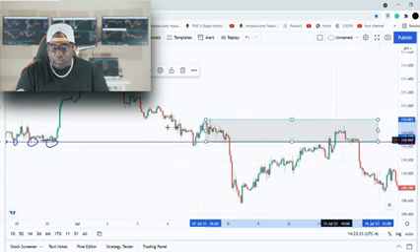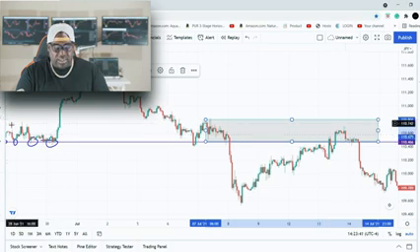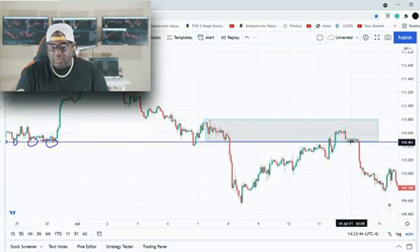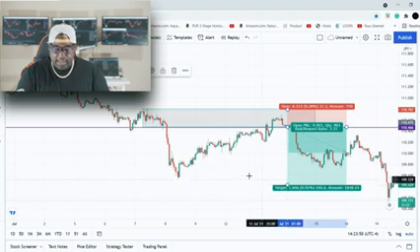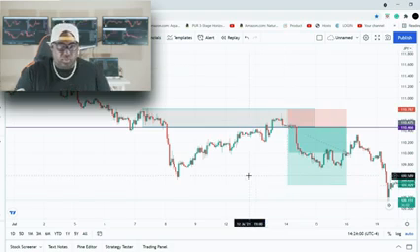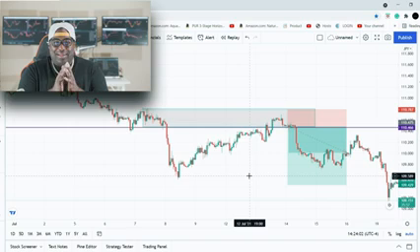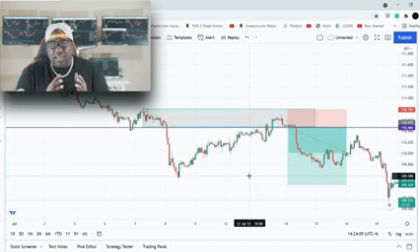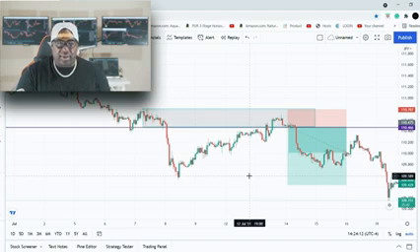If you put your stop loss above that supply zone, this would have been a nice trade to the downside. So right here, guys, nice trade, straight to the point. Everything is lining up. And this is how you can combine supply and demand with other things. You don't have to use supply and demand by itself. You could if you want to, but you can also combine it with other things.